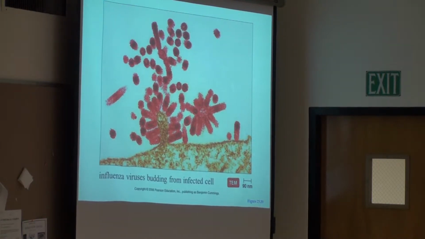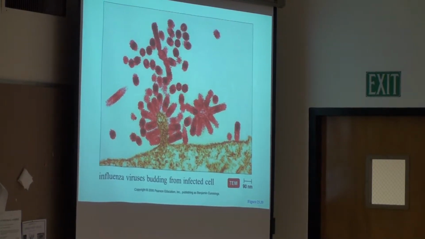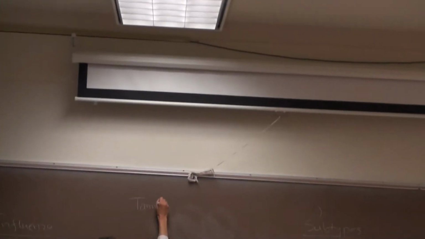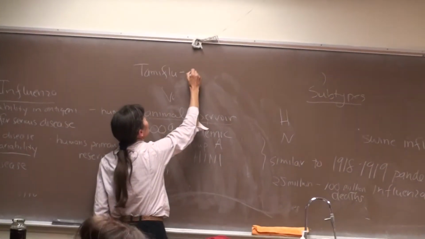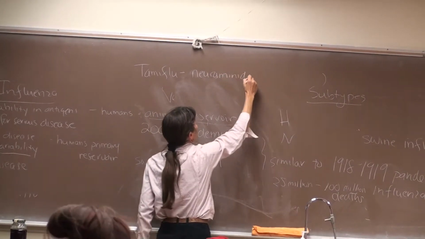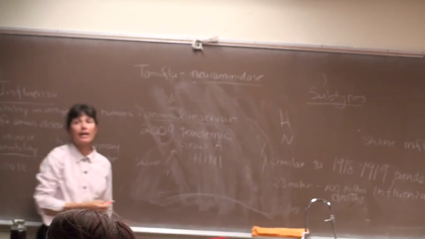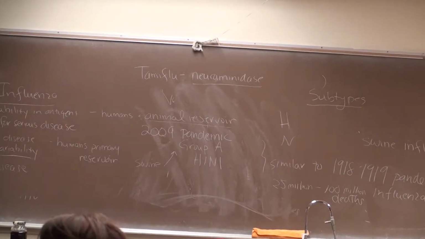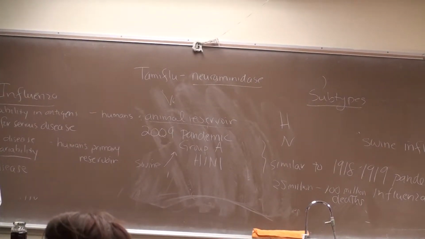You guys perhaps have heard of Tamiflu. Tamiflu's target is the neuraminidase. It knocks out the function of the neuraminidase, and thus that will decrease the ability of the influenza viruses to escape from our cells.